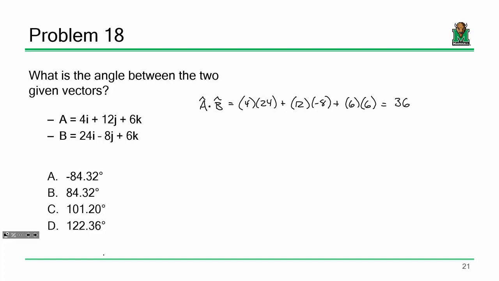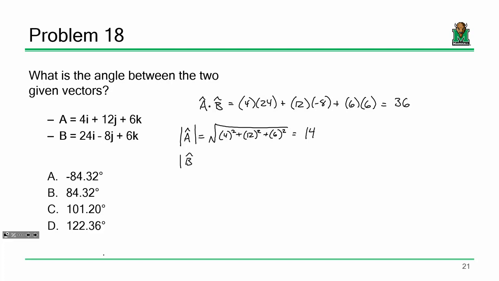How do we get the magnitude of a vector? Remember, a magnitude is essentially the vector's length. So would you agree that the magnitude of A is going to be that, right? And if you plug and chug, you will get a value of 14.